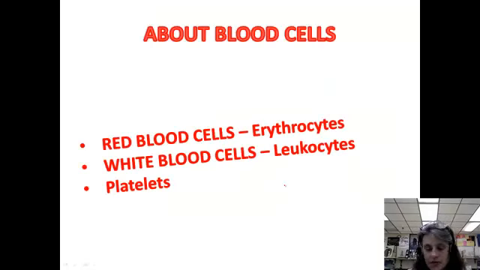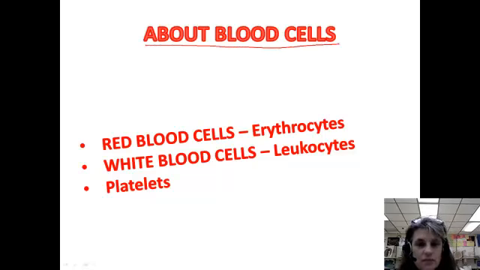Now, as we are talking about the immune system, we've got to have a quick conversation about blood cells. Just so you know, red blood cells are erythrocytes. Erythrocyte is just the fancy word for a red blood cell. Their main job is to carry oxygen around your body.